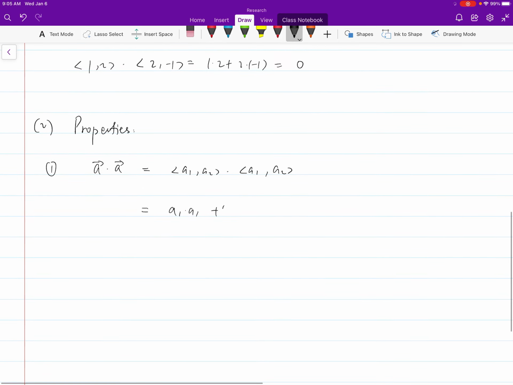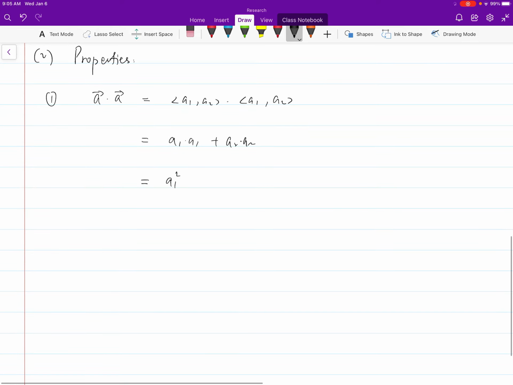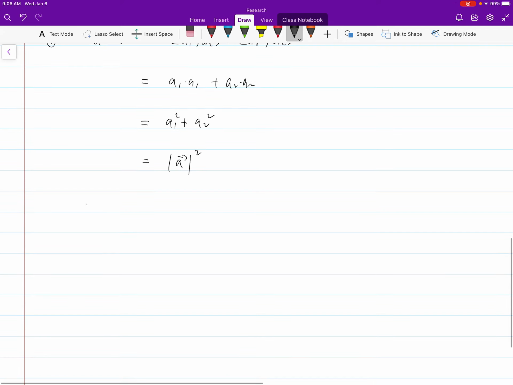But now your x's are the same and your y's are the same, so multiplying them is the same as squaring them. But what is the value of this one squared plus this one squared? That is going to be the magnitude of A, squared. Okay, so that's the first property. If you dot a vector by itself, it's equal to its magnitude squared.